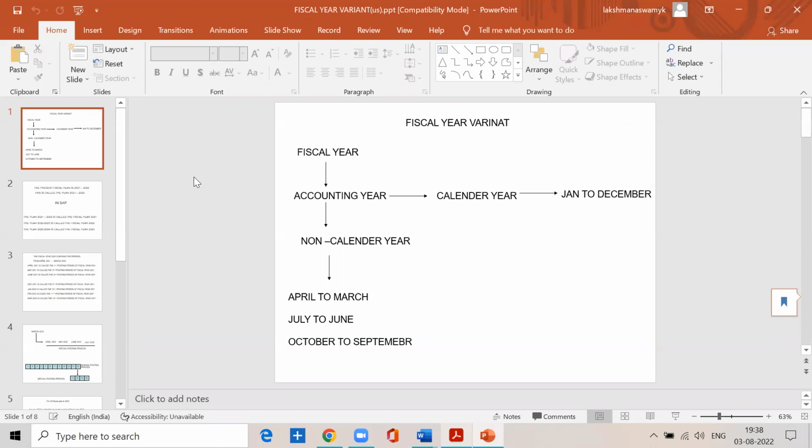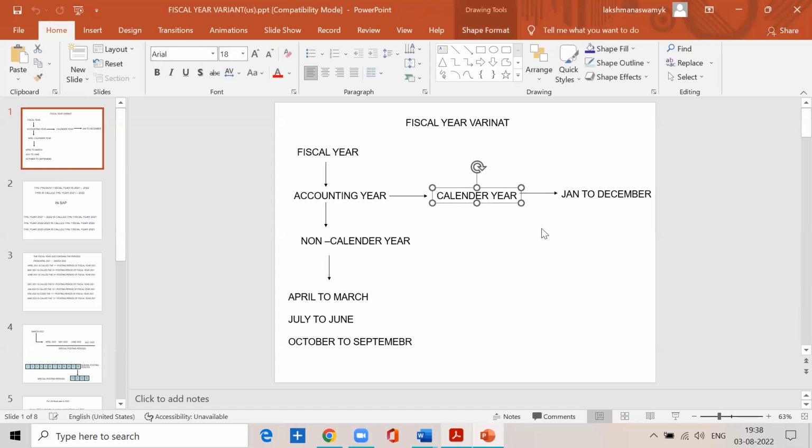So this fiscal year is an accounting year. Accounting year may be the calendar year, meaning January to December, or it may be a non-calendar year, meaning it may be April to March, or July to June, or October to September. April to March means starting from April of the current calendar year and ending with March of the next calendar year.